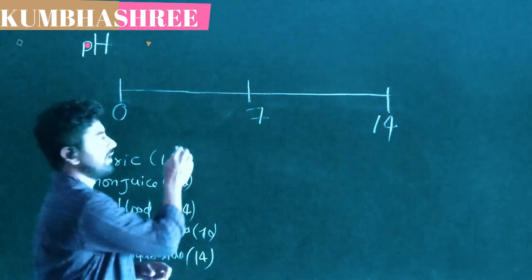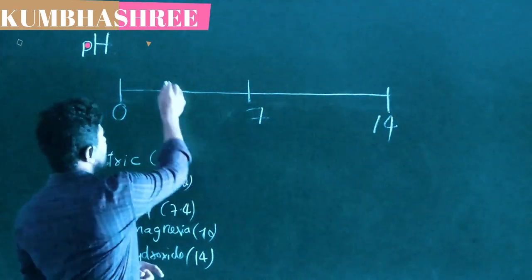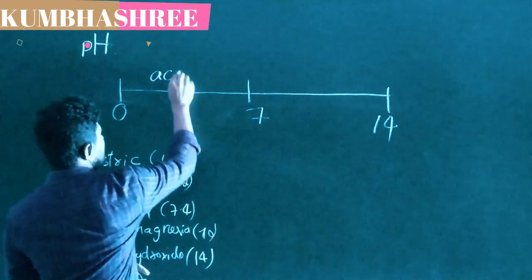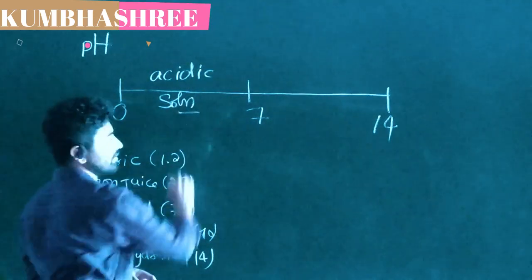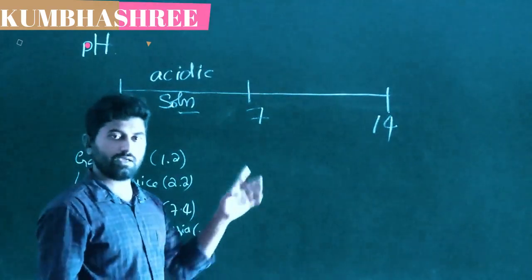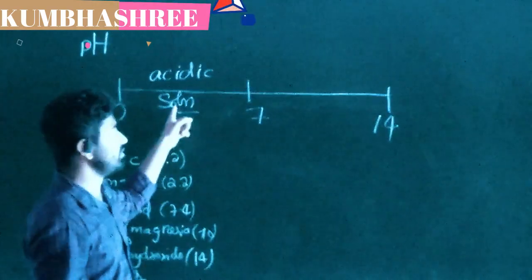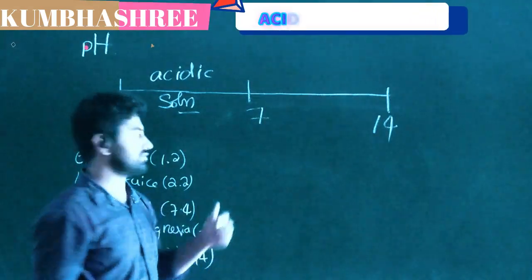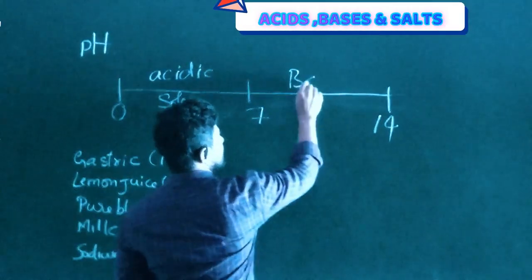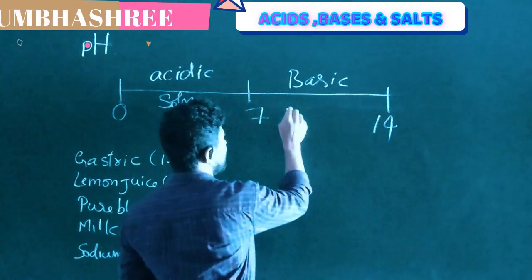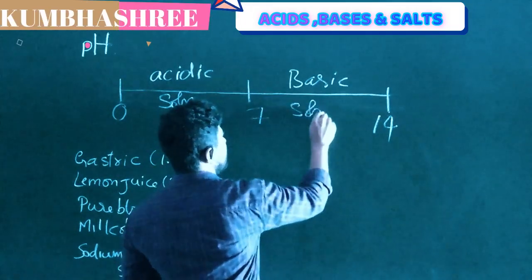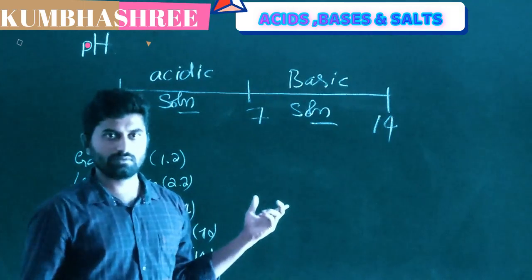If the pH value is between 0 to 7, that type of solution is said to be an acidic solution. If it is between 7 to 14, such a solution is said to be a basic solution.